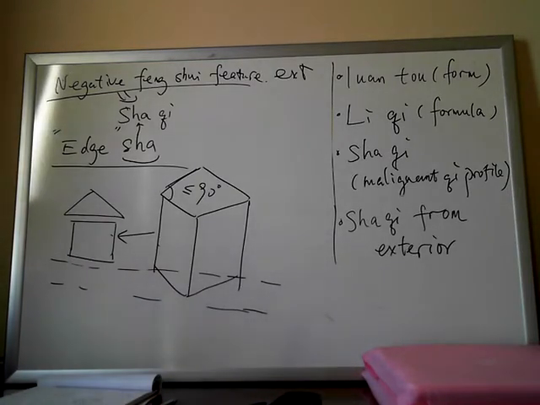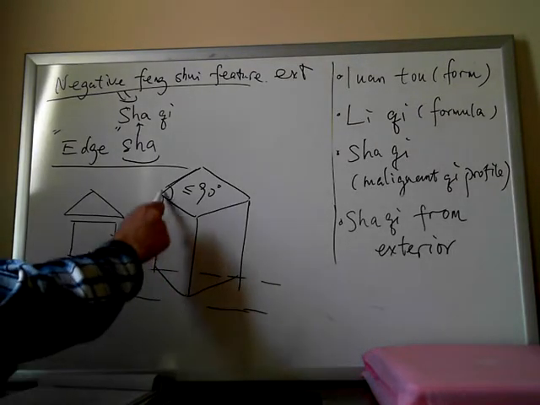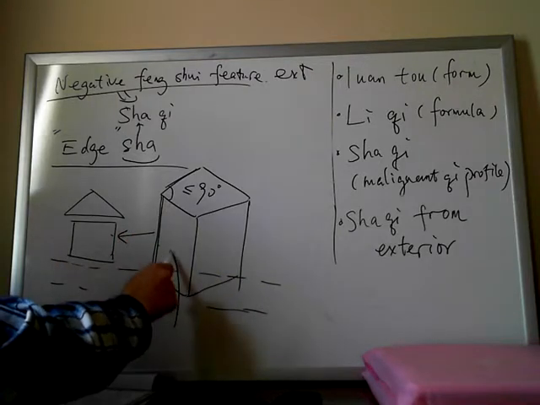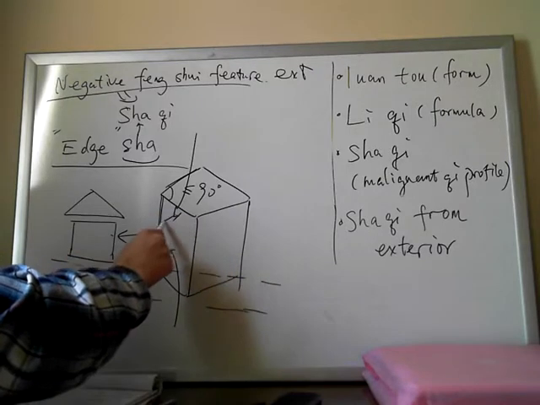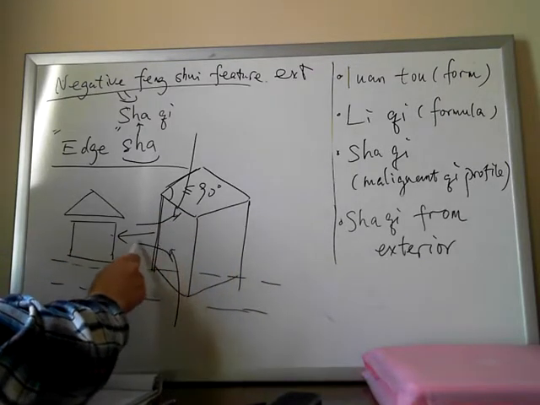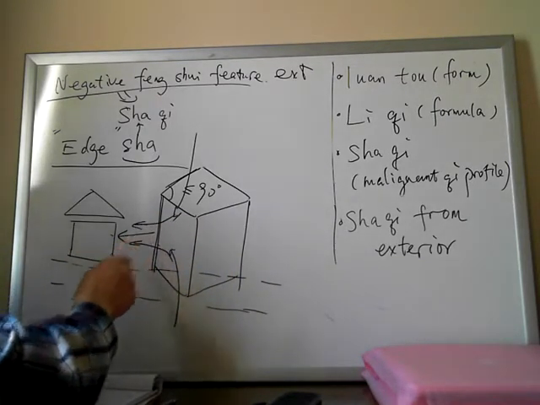Negative feng shui effect. So the sha qi comes from the edge, because the edge combines the qi, and the qi hits the building, converges, and then hits your house.